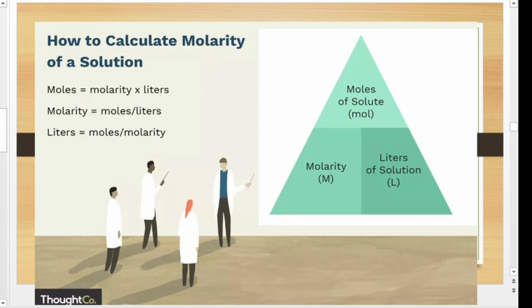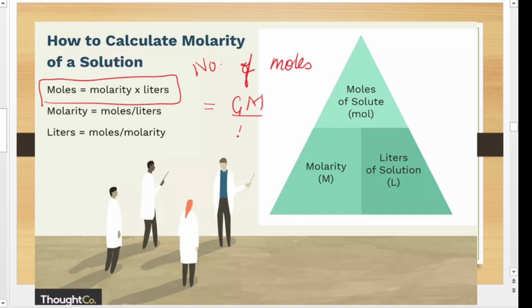Sometimes, specifically in stoichiometric calculations, we can also say that moles is equal to molarity into volume in liters. So now we have two formulas to find moles. One formula you already know is given mass upon molar mass.